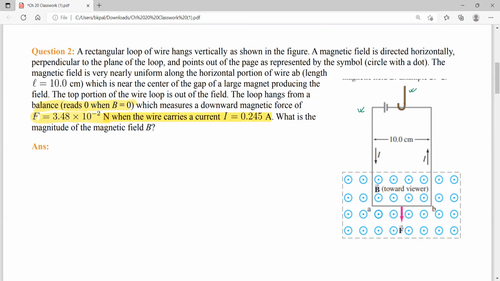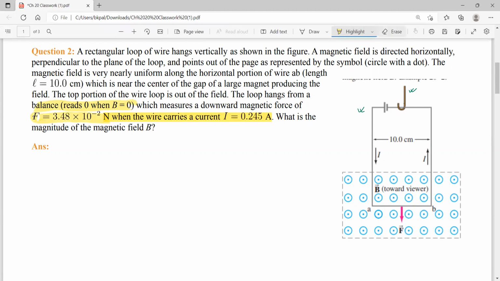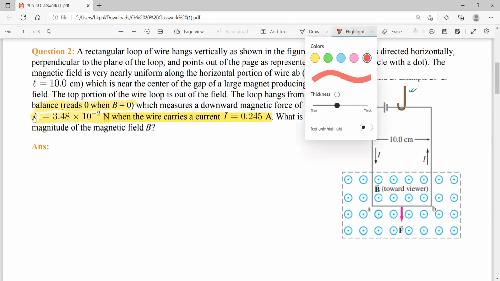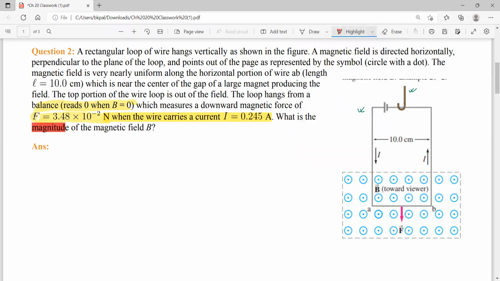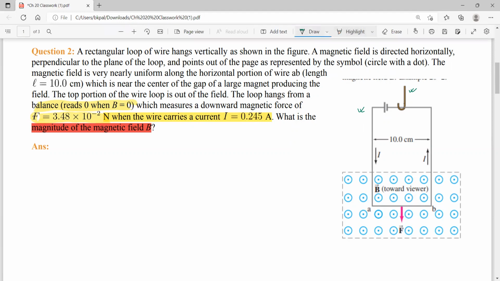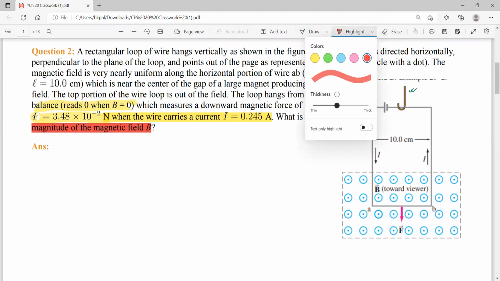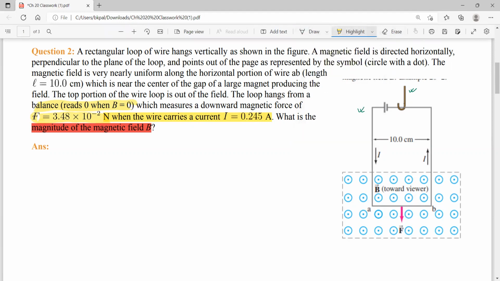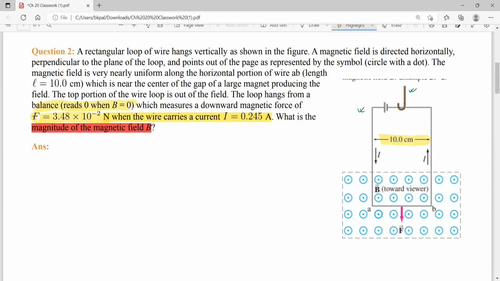And we have to calculate the magnitude of the magnetic field B. And one more thing is given here, that is this length, 10 centimeter.